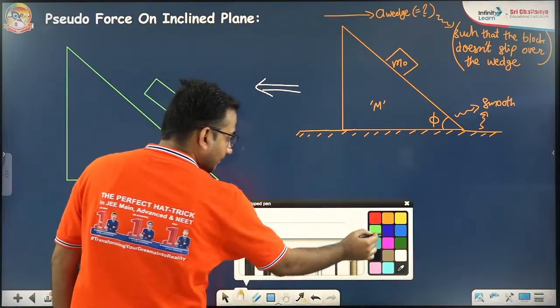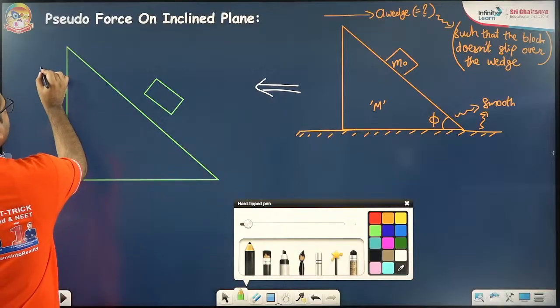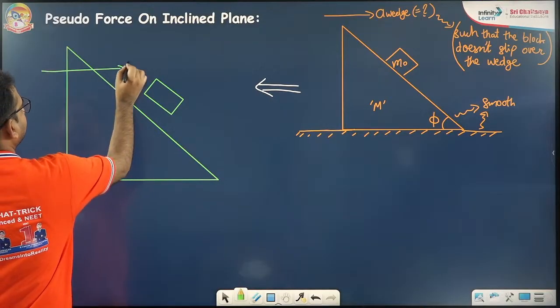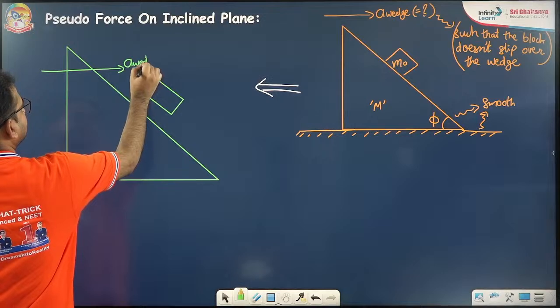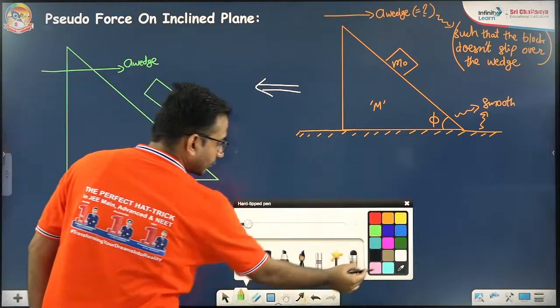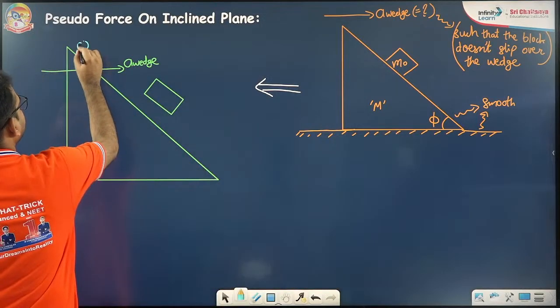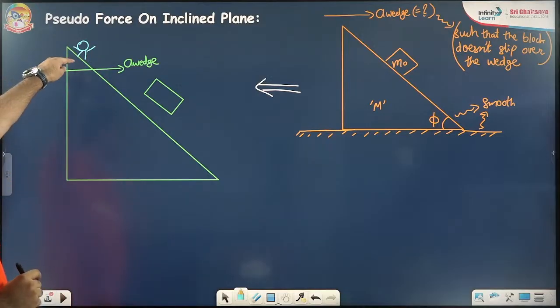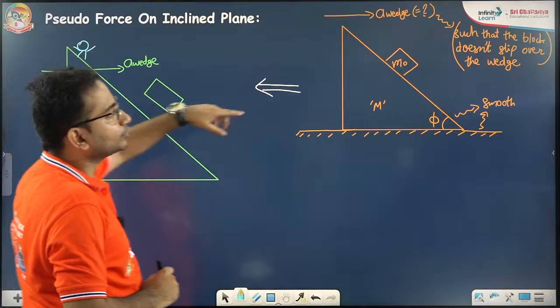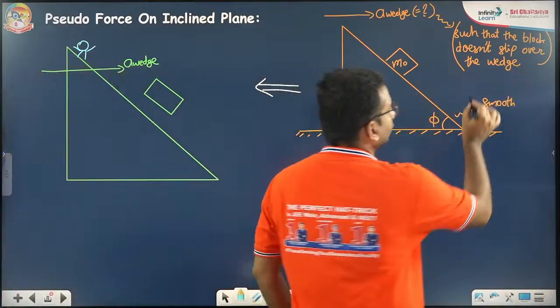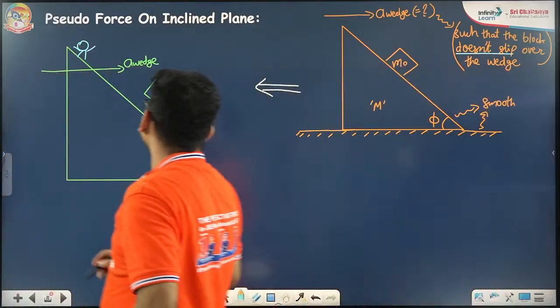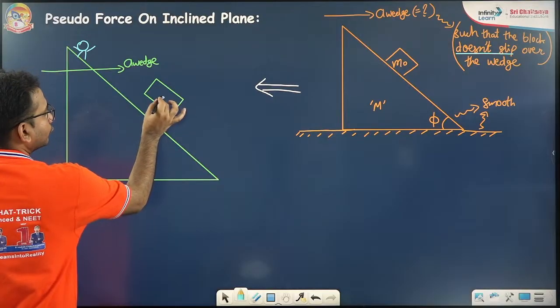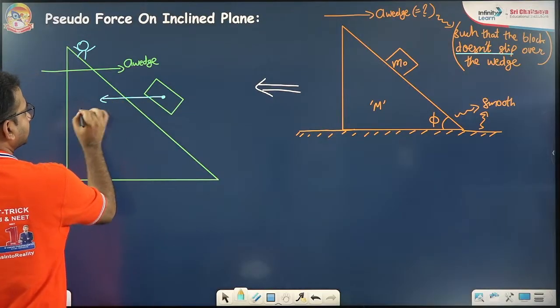Now this wedge is to be accelerated here, and let me become an observer who stands over the wedge. According to me, you don't want it to slip. So I will apply a pseudo force on the block like this. This is F pseudo.